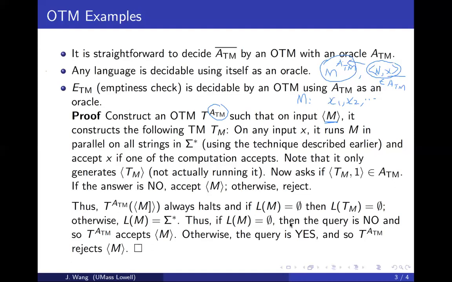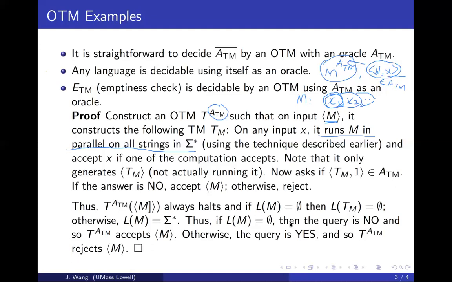Let's say we run on x1 for one step, and then move on to run x1 and x2, each for 2 steps, simultaneously. If one of them halts, then it halts. Otherwise, you run x3 for 3 steps and so on. That's what it means to run M in parallel on all strings in sigma star.